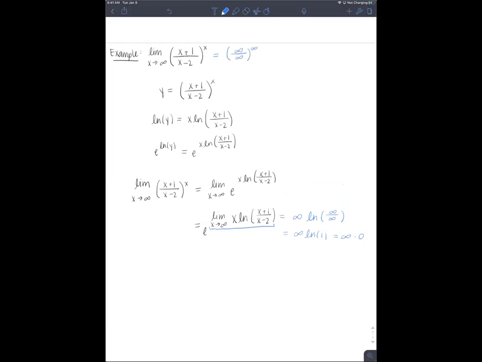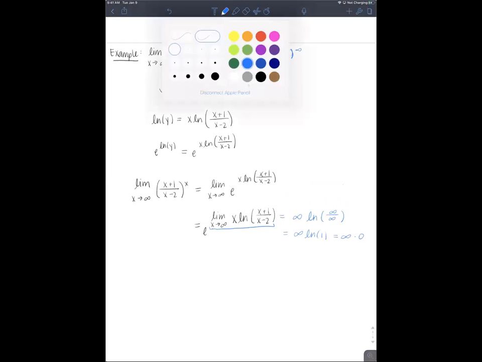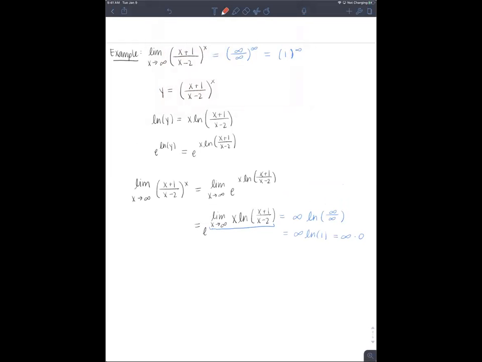This is the indeterminate form 1 to the power of infinity. If you think about this, regardless of the value of x that I plug in, those numbers are going to be really, really close, right? So if x is equal to 1,000, then you're getting 1,001 over 998, which is basically 1.